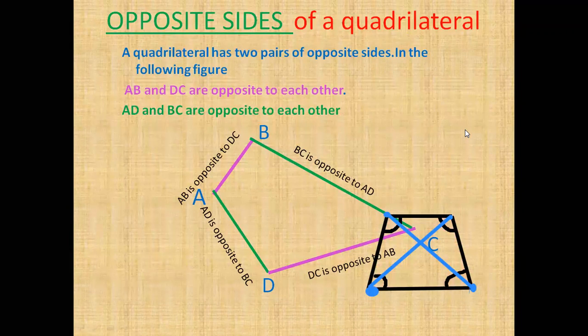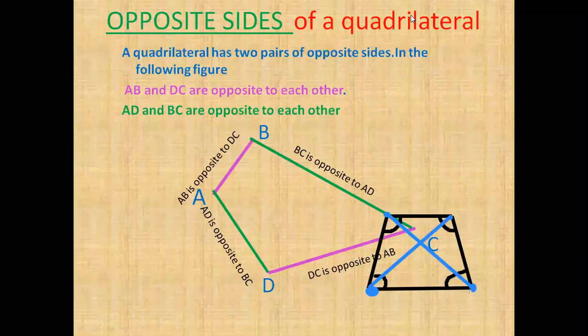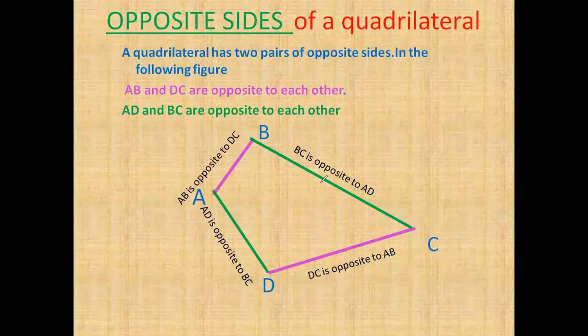Right. So opposite sides of a quadrilateral. So children, we have seen that a quadrilateral has four sides. Now out of the four sides that a quadrilateral has, the two sides which do not intersect each other are known as opposite sides. For example, in the quadrilateral ABCD, side AB and side DC, which are in pink, do not intersect each other, and so they are opposite to each other.